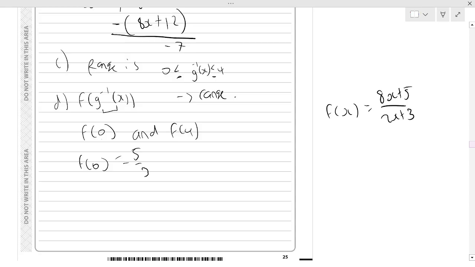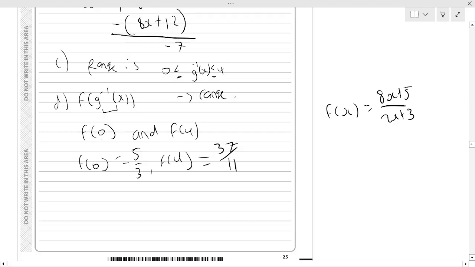I don't even need to plug that in, I can see it. And then f of 4 is going to be 8 of 4 plus 5 over 2 of 4 plus 3, which is 37 over 11.